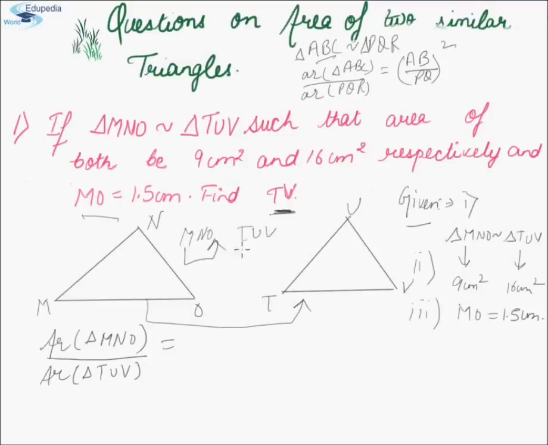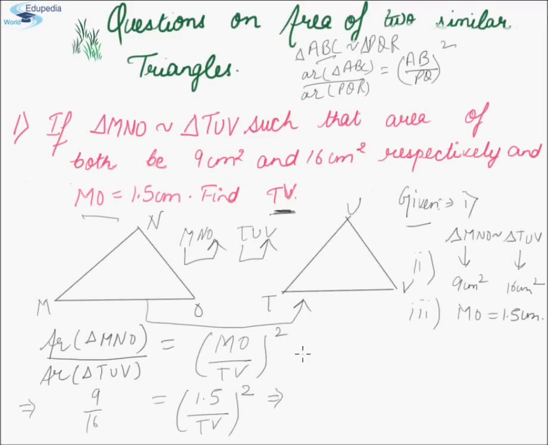So MO is corresponding to TV. So the ratio of these areas will be the square of the ratio of their corresponding sides. Now substituting the different values, area of triangle MNO and TUV are 9 and 16 cm square respectively, and MO is 1.5 cm. We need to find TV.